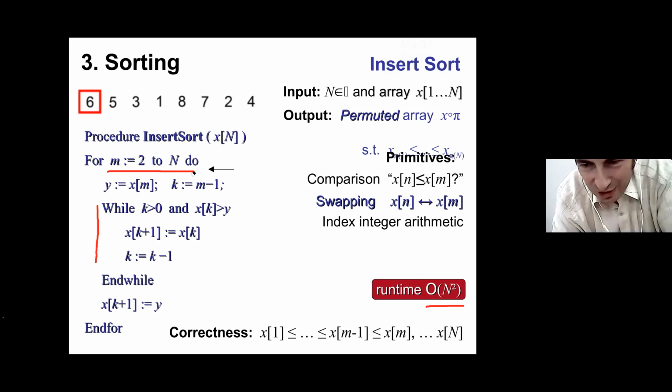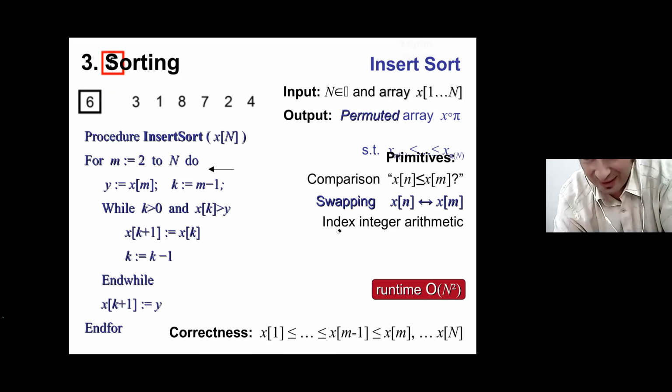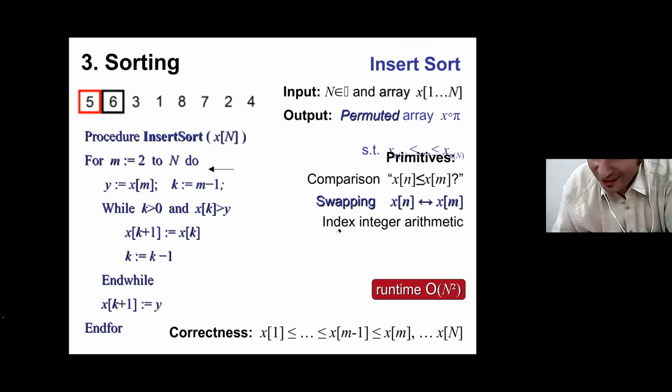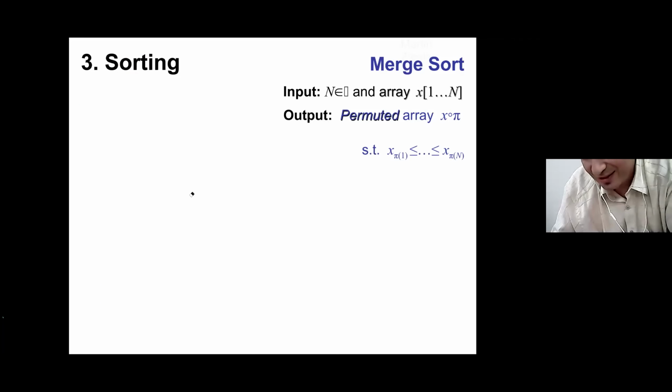And is it possible to do better than quadratic? It is possible, but you need a different idea. Iterating from left to right doesn't help you all that much. So you need some other idea, and this idea goes under the principle of divide and conquer.